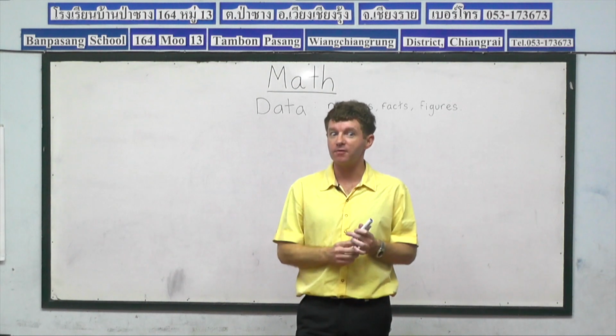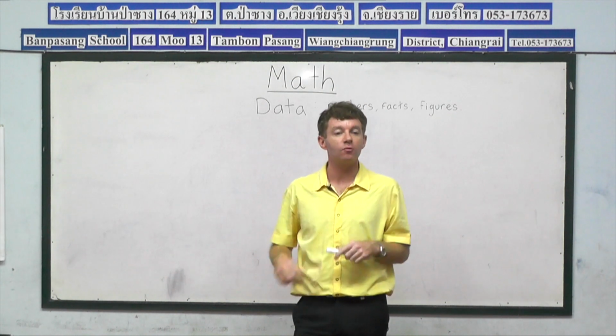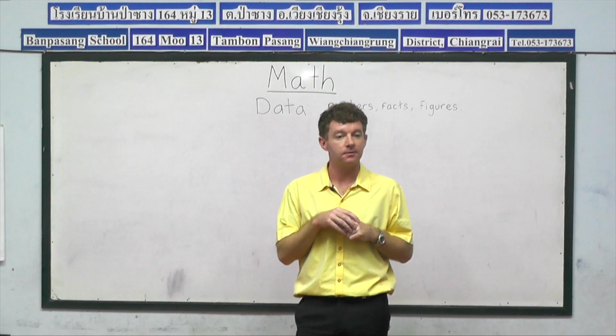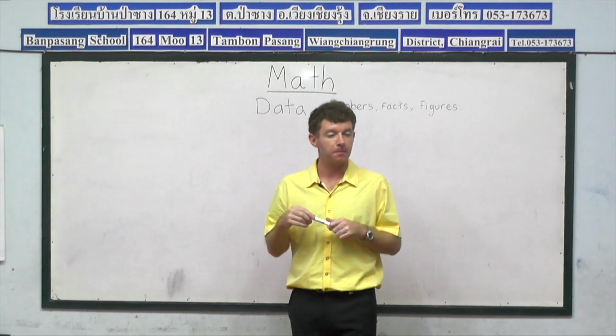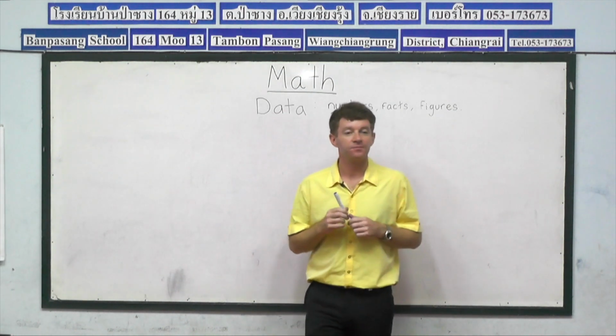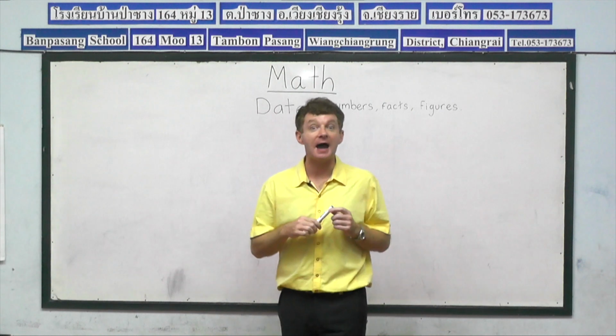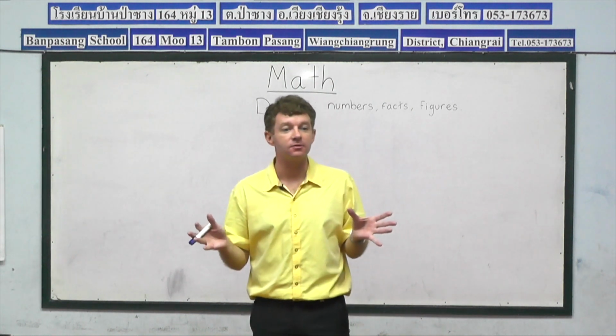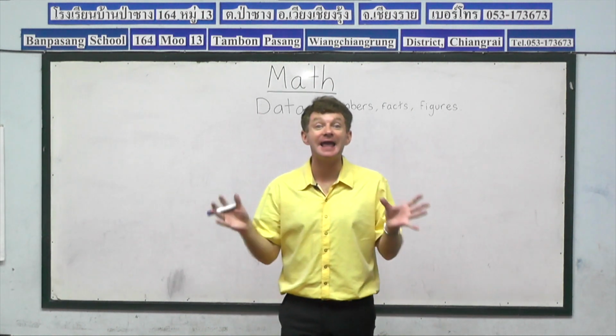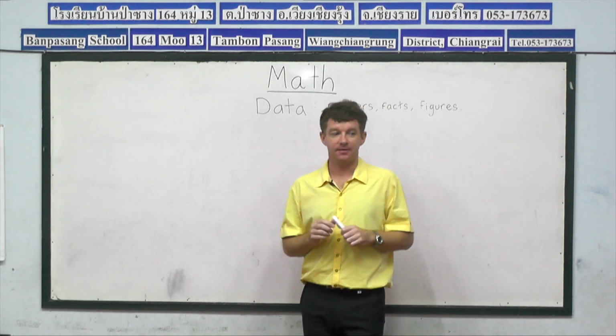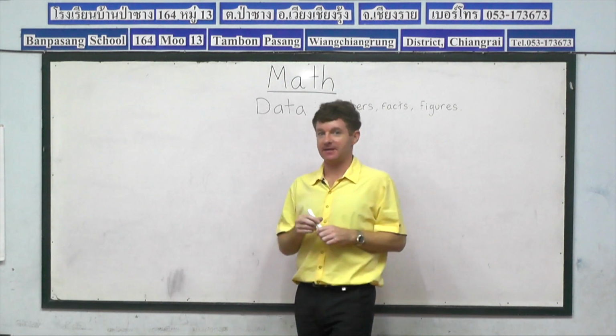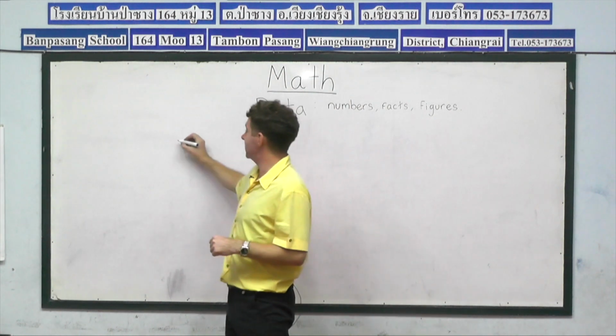Who can remember the first step? What do we have to do first of all with data? I've just mentioned it, beginning with C. We have to, when we ask questions, collecting. Okay, collecting data. So how do we spell collecting, guys?